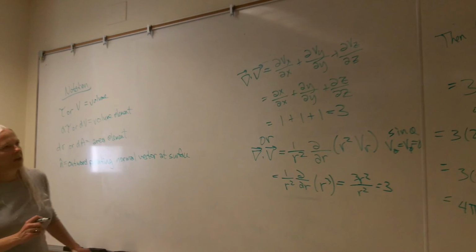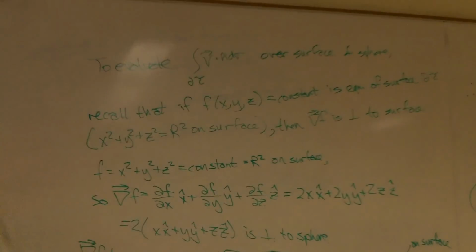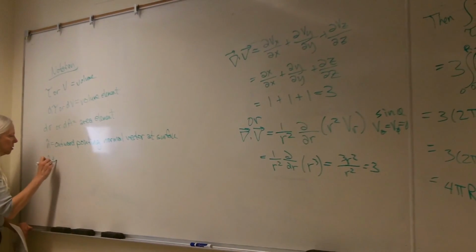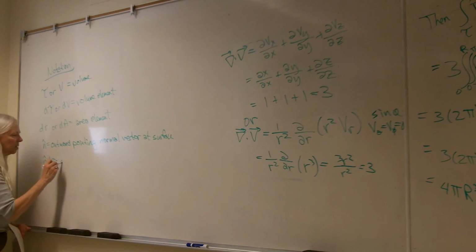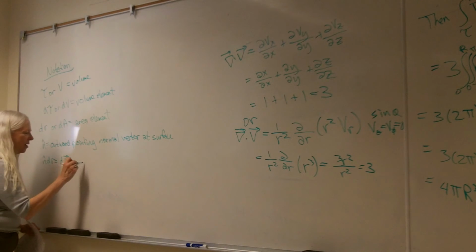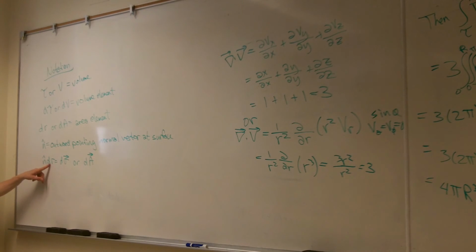And in this integral right here, notice I had an n hat d sigma. Some books will define this to be a vector d sigma or a vector dA. Right? Remember we used d sigma or dA to mean the same thing. So our book uses this notation. In other words, they use d sigma as a scalar, right? An infinitesimal patch of area along the surface, and n hat as this outward pointing normal vector.